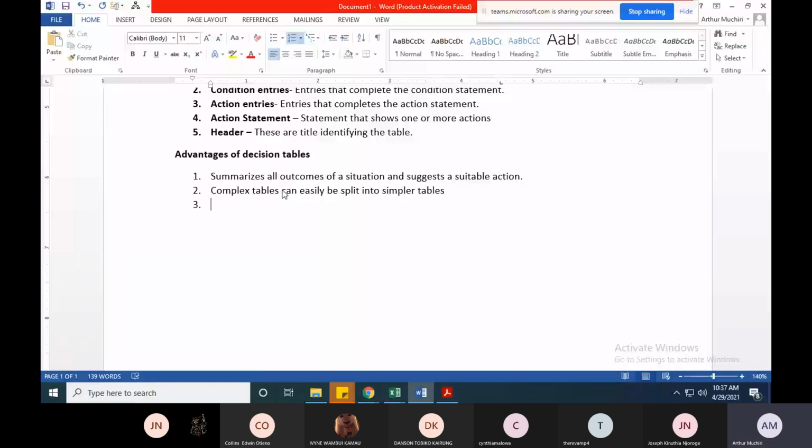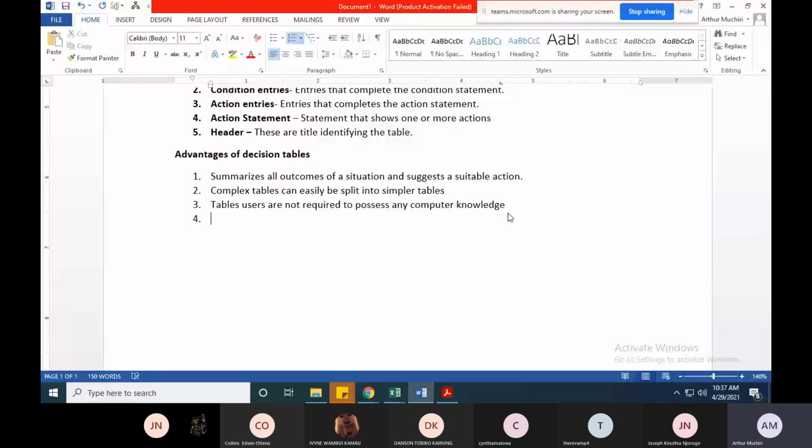Then number three, table users are not required to possess any computer knowledge. So you don't need to have any table knowledge or any computer knowledge to use those tables.